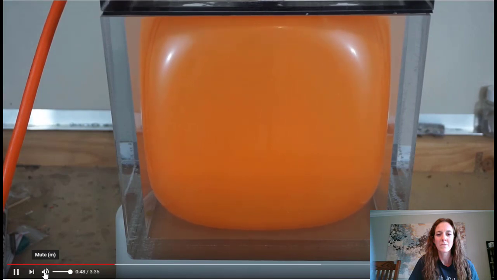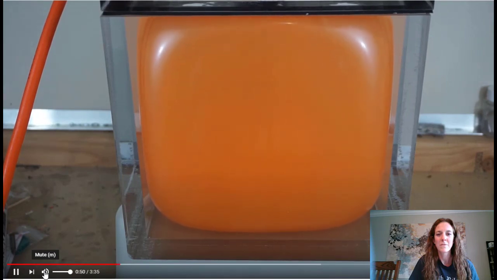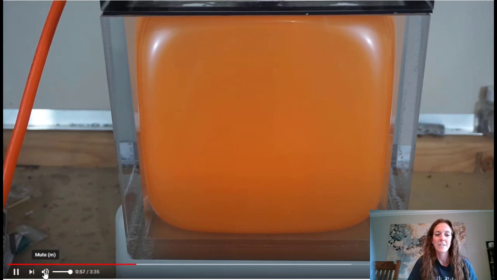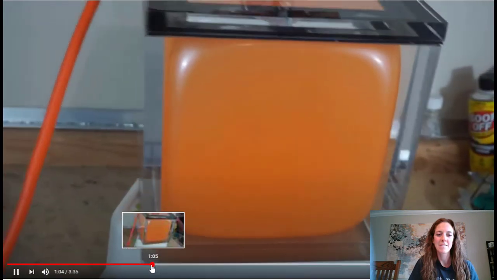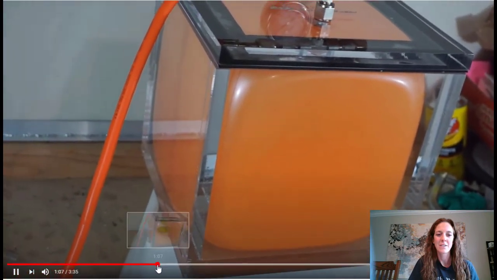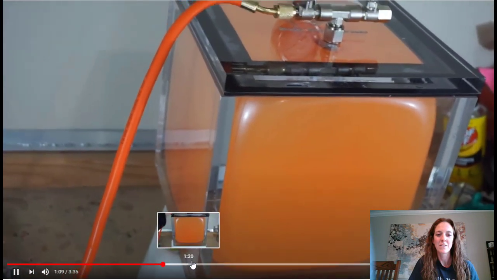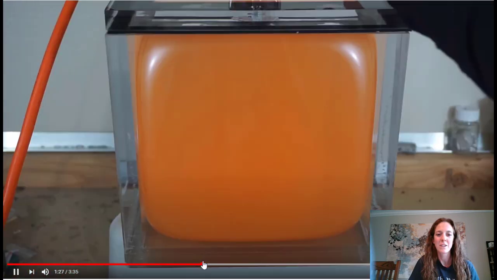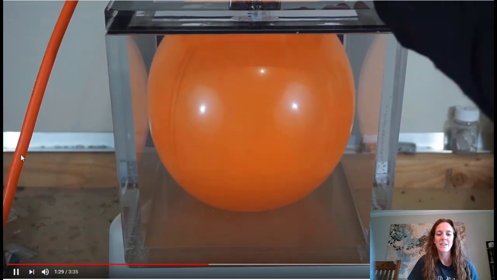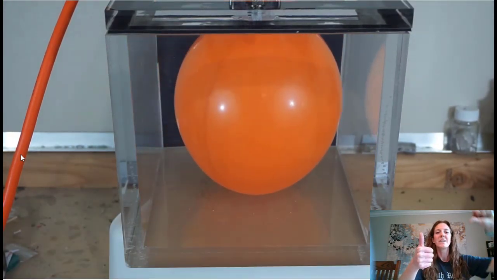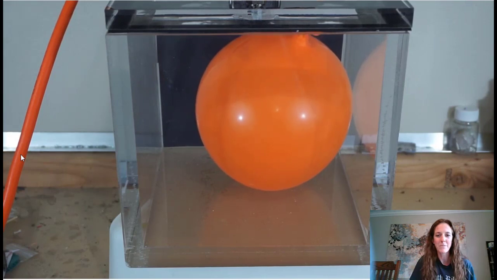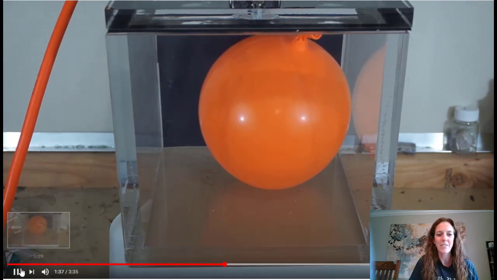Whoa. Square balloon. That's so cool. I just made a square balloon, everybody. Look at that from different sides. Squish back down. Now they've increased the pressure, decreasing the volume. Wow, that was cool. It filled up the whole chamber.